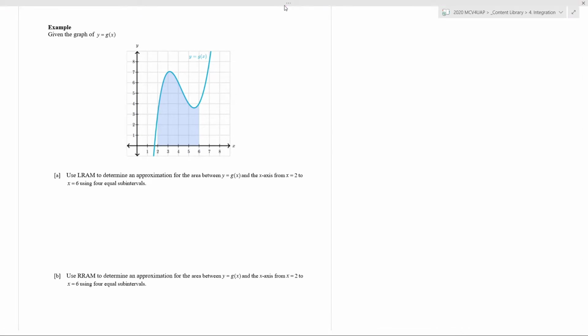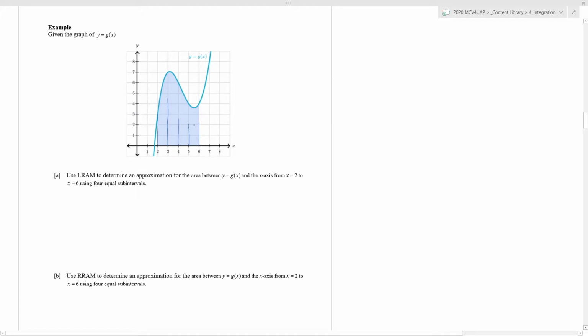So if we're using LRAM, first of all, the subintervals are going to look like this. If I extend these, you can see where the 4 rectangles come into place.